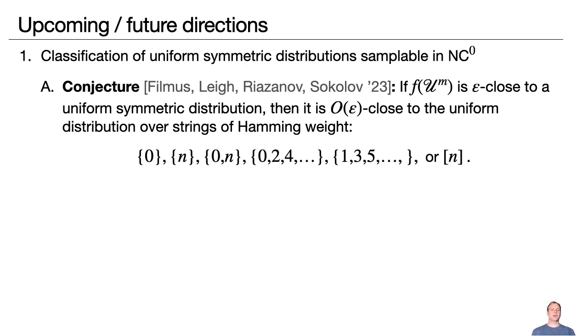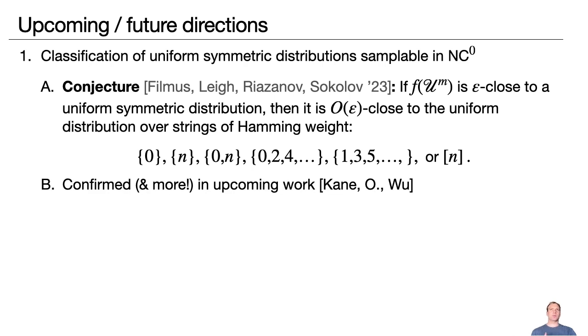So either the all zeros, all ones case, the even mixture of the two of them, uniform over strings of even weight, uniform over odd weight, or uniform over everything. Using similar ideas to this work, but with some new ideas as well, we're able to confirm this conjecture and a bit more in an upcoming work.